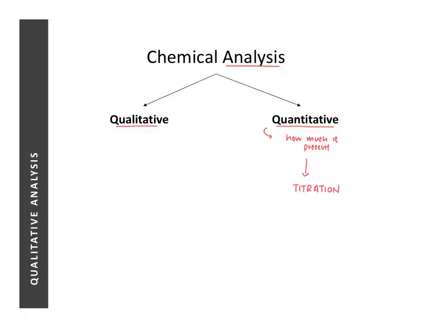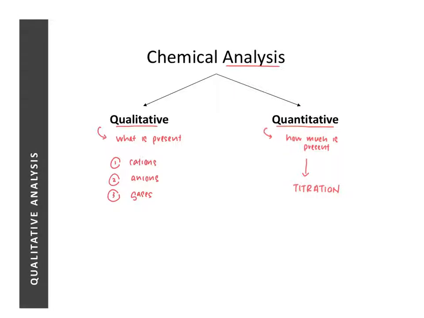Now for qualitative analysis, we want to find out what is present. For example, if we have an unknown mixture, we want to find out what substances are present in the mixture. In particular, we want to find out three possible things. We want to find the cations that are present, the anions that are present, and the gases that are produced.